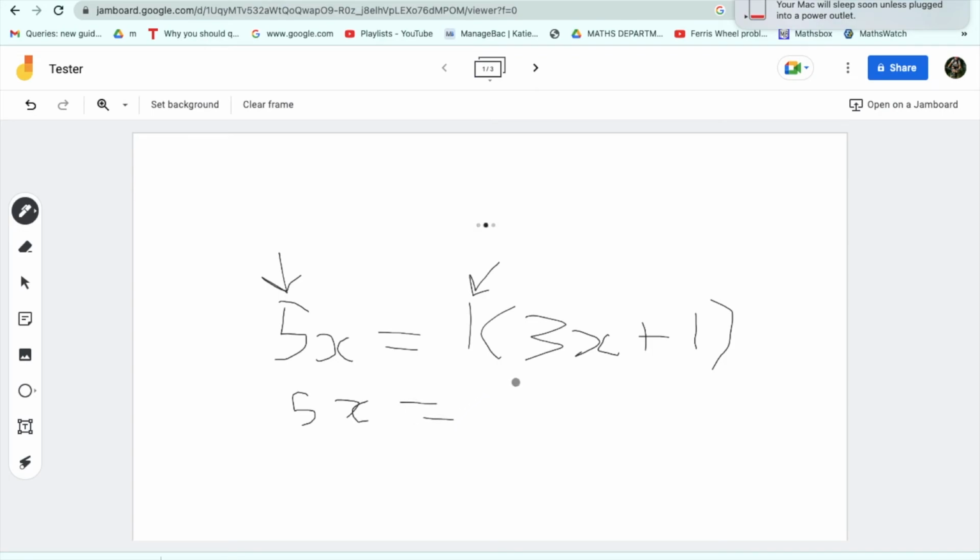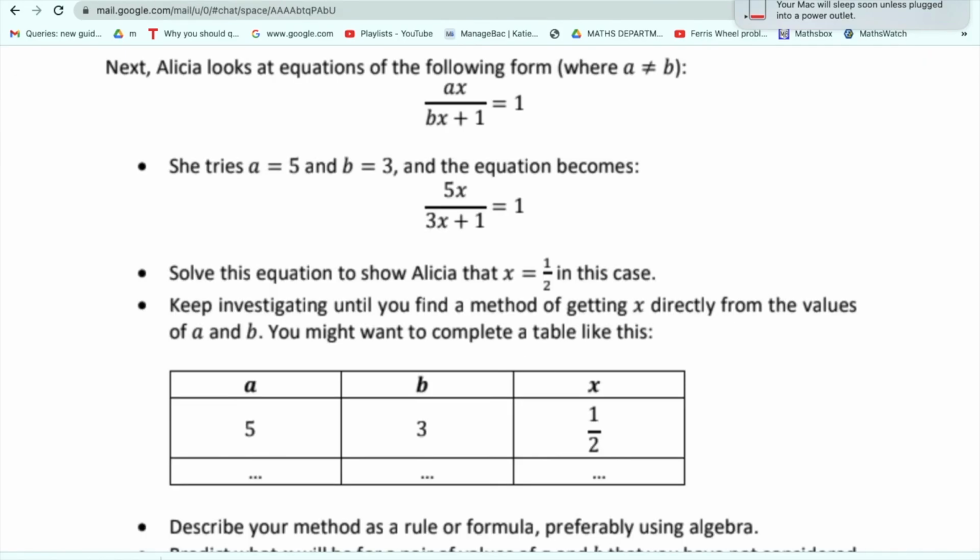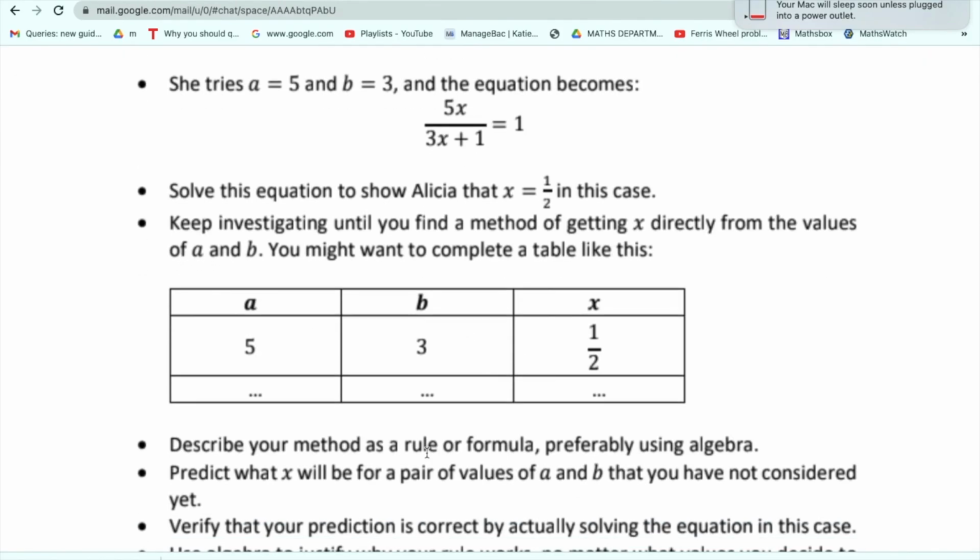So we would expand the brackets, we'd get 5x is equal to 3x plus 1, and then we'd solve this equation. So we're going to minus 3x from both sides, so we get 2x is equal to 1, and therefore x is equal to 1/2, because to get x on its own we need to divide both sides by 2, so we get 1/2.